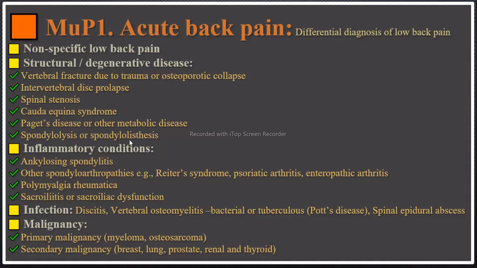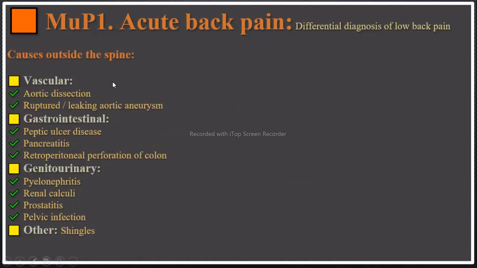Related to the spine means the problem is in the spine or vertebra. Not related to the spine means something not related to the spine, like vascular, GIT, genitourinary, or others. So if the patient has back pain, don't think the problem is only in the back.